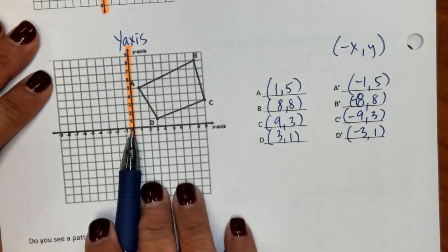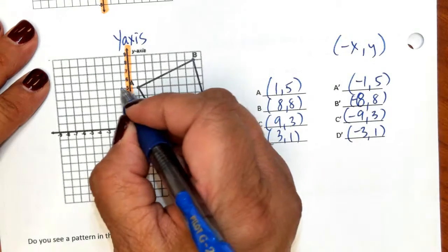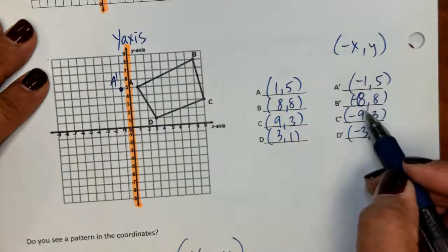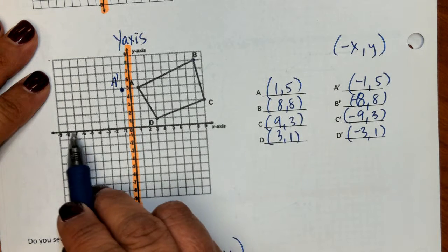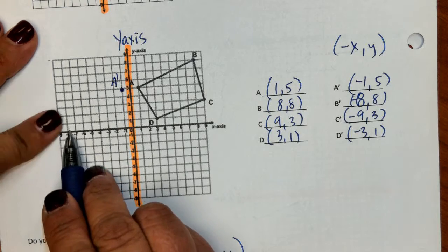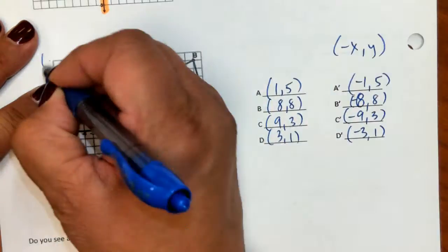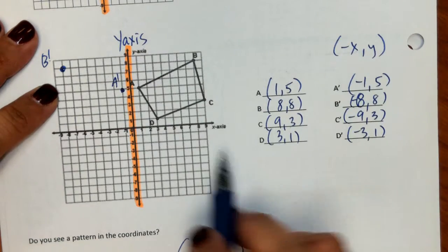Okay, so I'm going to go over here and I'm going to go -1, +5, and that sure looks good because that's A prime. B is -8 and a +8, and that looks about right. I think this is the -8. Okay, and look, straight across, B prime. So that's looking good. So far, so good.